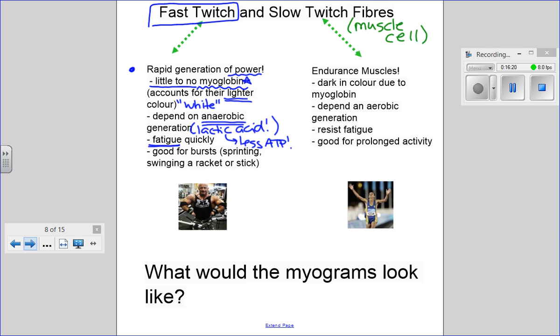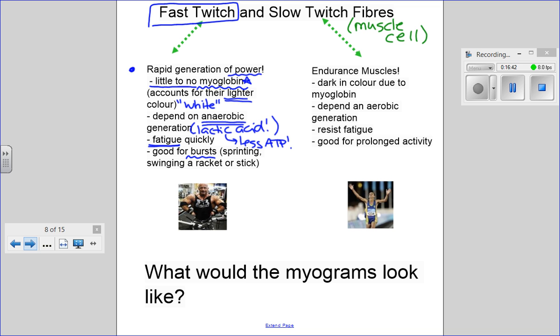So this type of muscle is good for anything that has to happen in a burst. For example, a sprint, or the power it takes to swing a racket, or the power it takes to shoot a stick or a club, any of those types of motions are using your fast twitch muscle fibers.